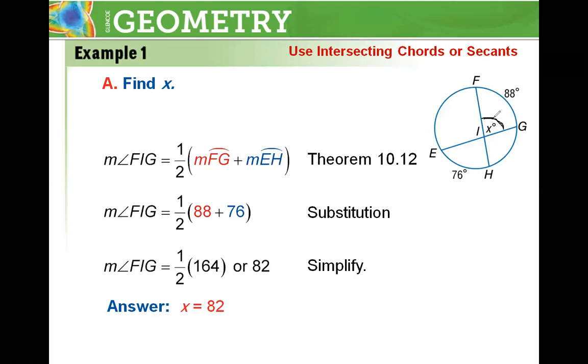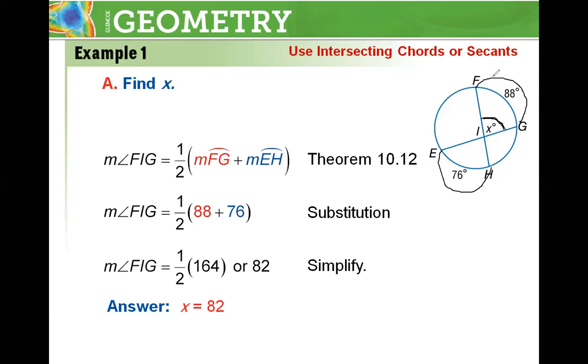So the measure of angle x is equal to half what? Half the measure of FG plus EH. Again, the measure of angle x equals half the sum of the measures of the arcs FG and EH.